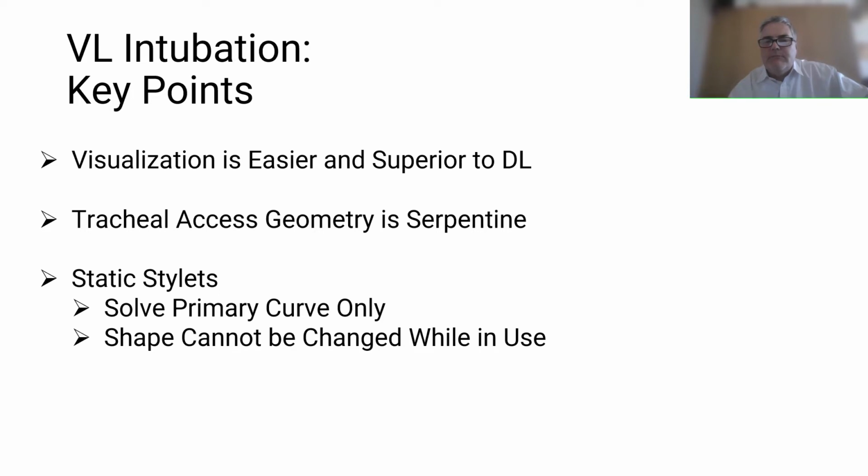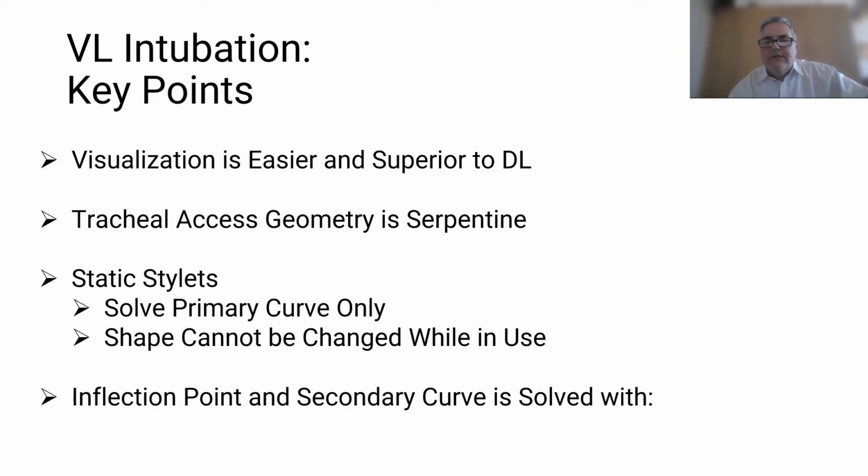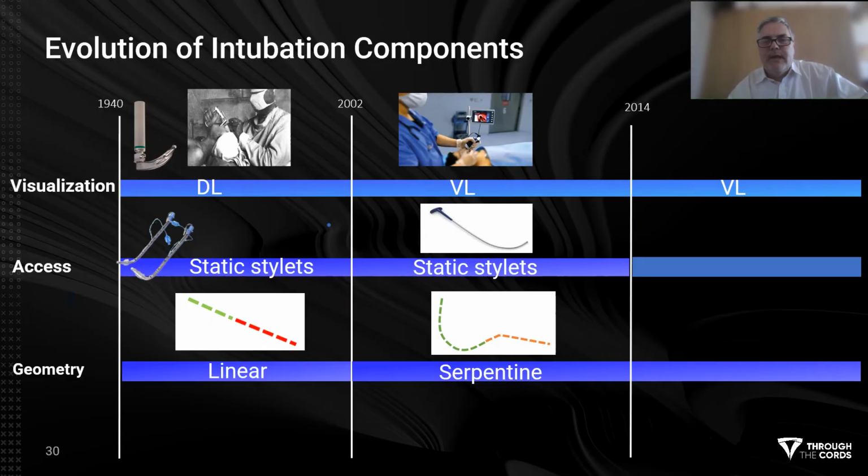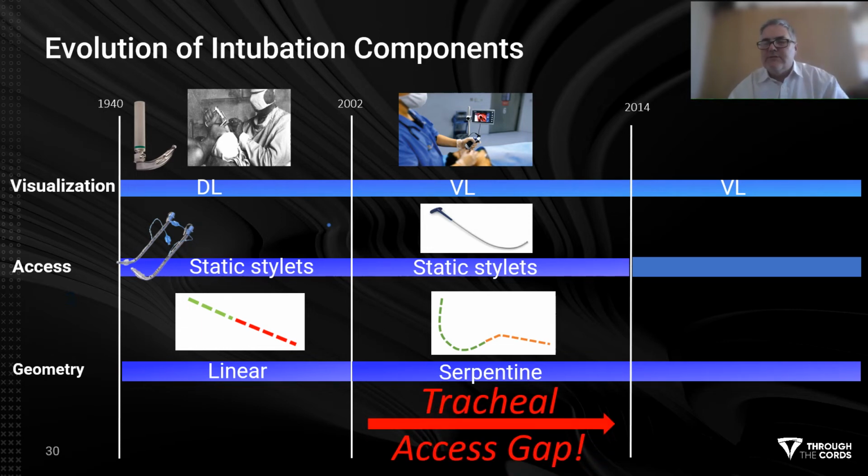The shape cannot be changed while in use. The inflection point and the secondary curve, our other two geometry problems, can't be solved with the static stylet. They're solved with force on tissue. Back to our timeline: serpentine geometry, static stylet, tracheal access failure.